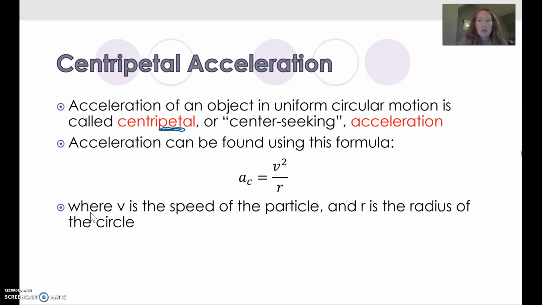This formula is on the AP sheet. It's down a ways, okay? So if we know the speed it's going around and the radius, then we've got that. Hopefully it makes sense to you that the smaller the radius, the larger the acceleration. We'll get into force, centripetal force in the next section, and we'll talk about maybe why that makes sense.